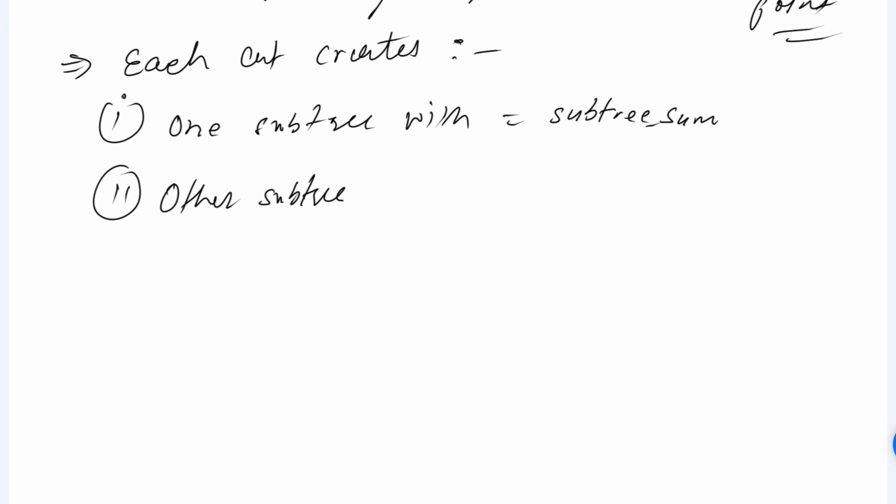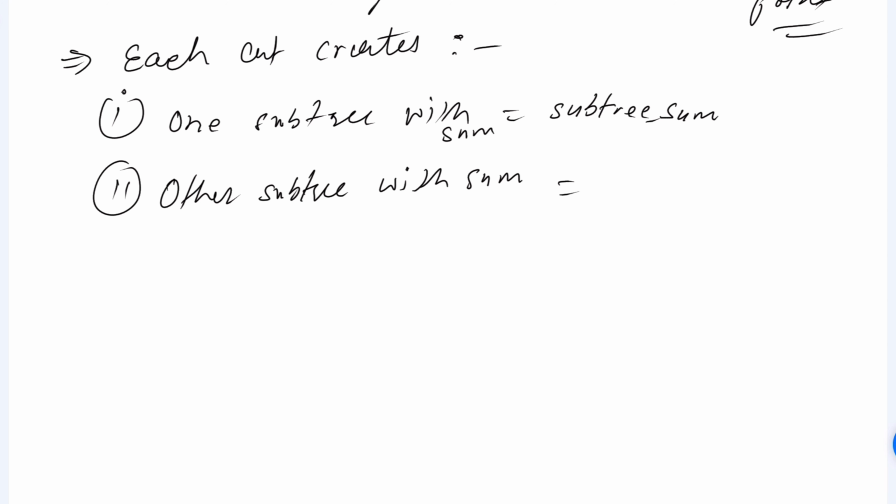The other subtree sum is nothing but the total sum minus this subtree sum.